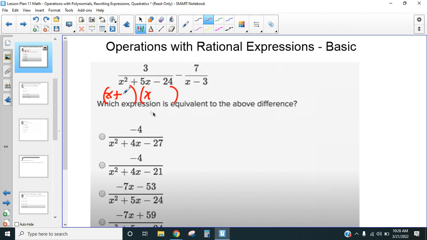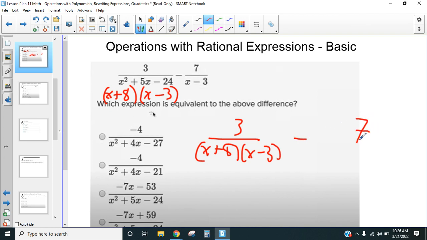Yeah, +8 and -3, right there. Now, we notice this fraction already has the x minus 3 in the denominator, right? So right now, this side looks like this. The other side just has x minus 3.